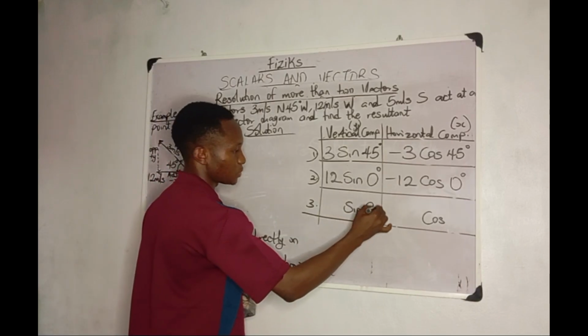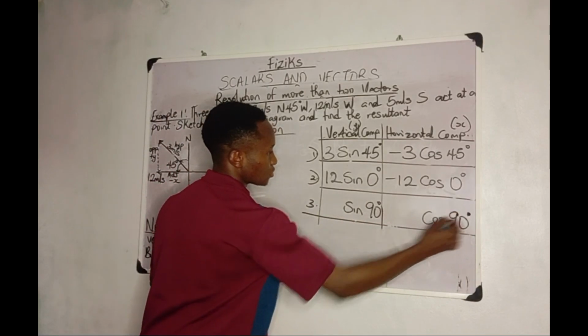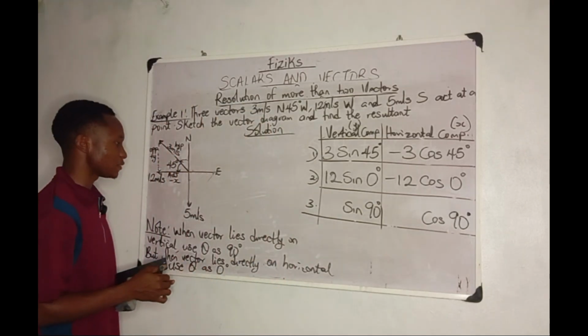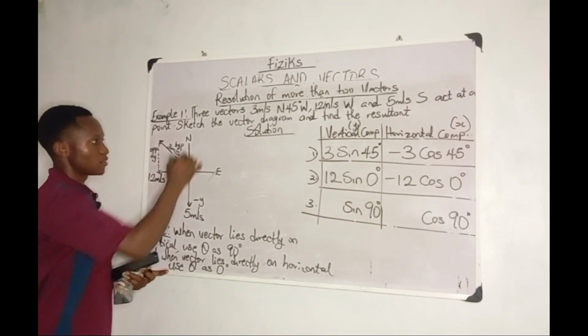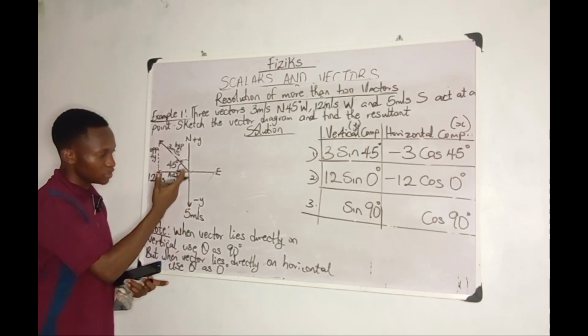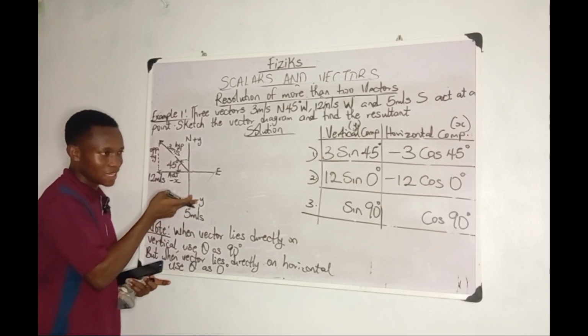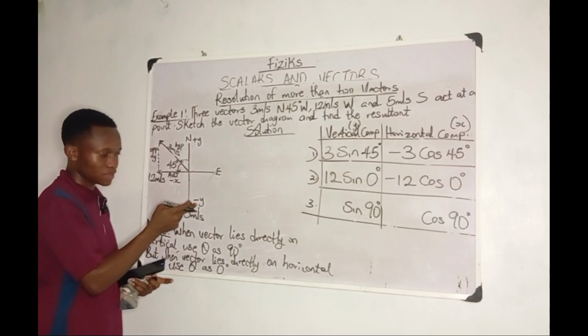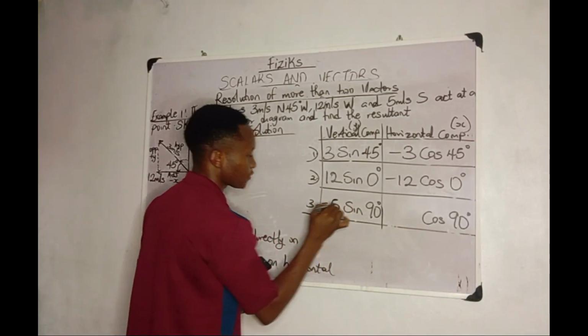So I just need to place 90 degrees here, and also here 90 degrees. Now let's be mindful of something. This is negative y axis, while this is positive y. So the vertical is negative. So I'm going to be putting minus 5.